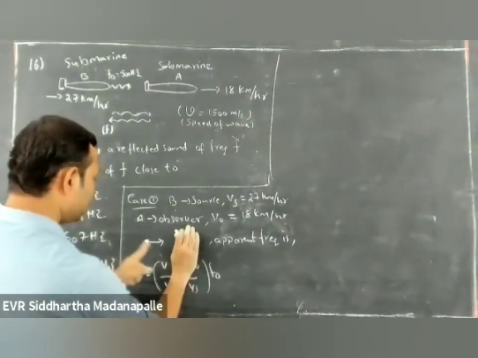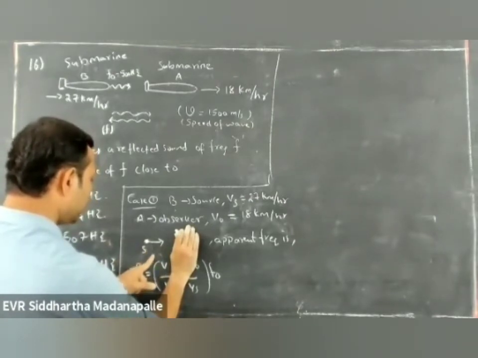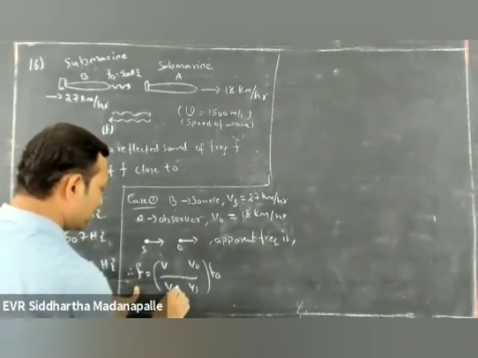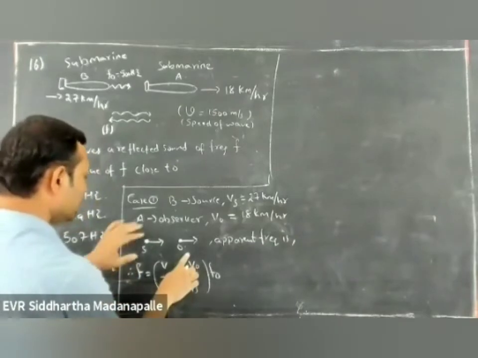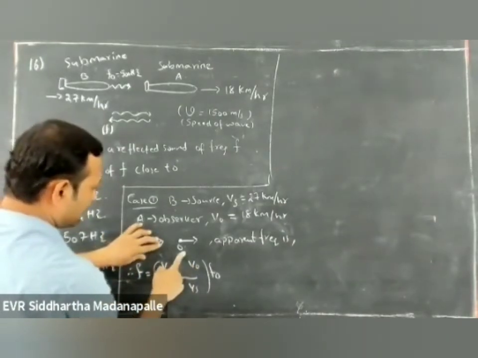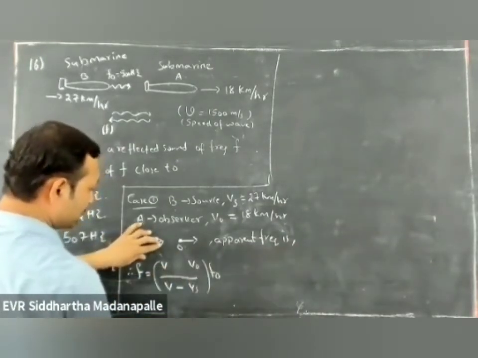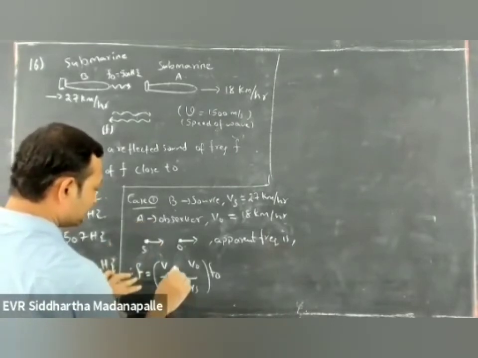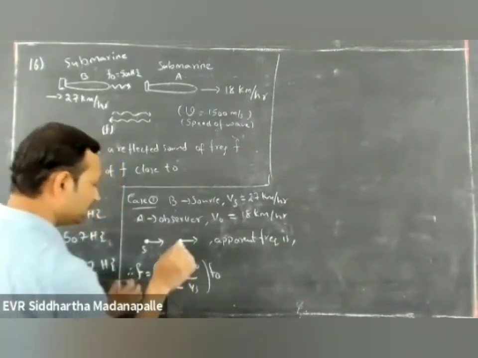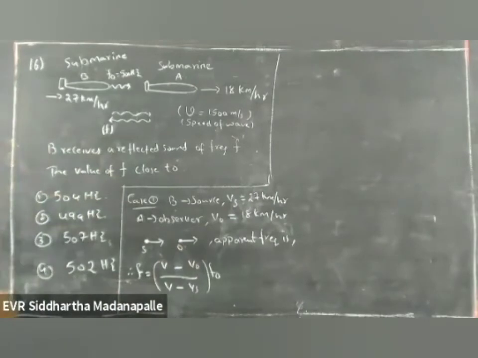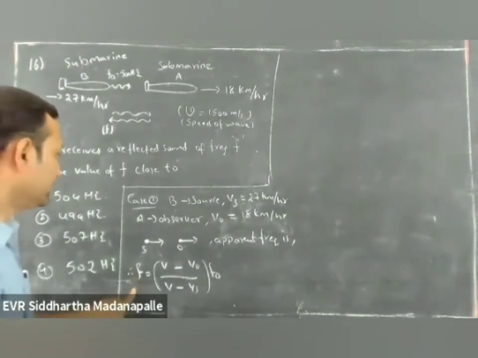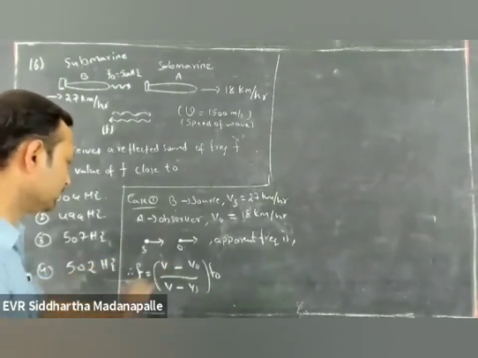If we take the observer at rest, it approaches, meaning frequency increases, so the denominator must have a minus. The observer is moving away from the source, meaning frequency decreases, so the numerator must also have a minus. So this is the apparent frequency received by the observer.